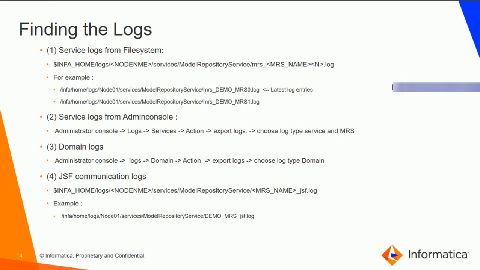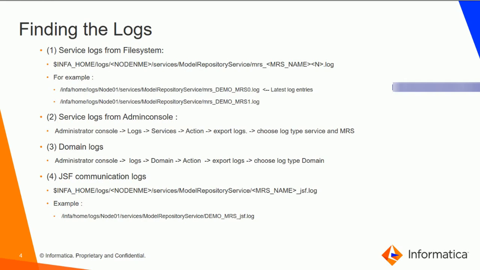That is the name of the file, but it would also have 0, 1, 2, 3 before the dot log. Just for the example, I have given a log for the demo MRS service. You can see the file with the zero name is the latest file, and the logs will be rotating. There would not be more than 10 logs at any point of time.